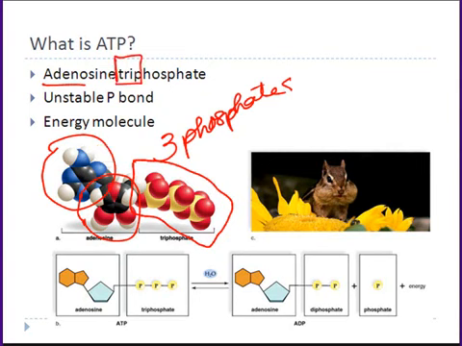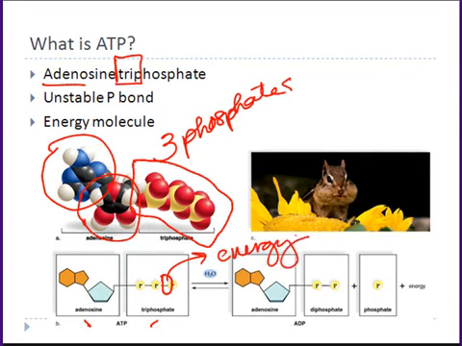What's special about adenosine triphosphate is that the bond between these two phosphates is highly unstable, and it tends to break apart very readily, and when it does, energy gets released.